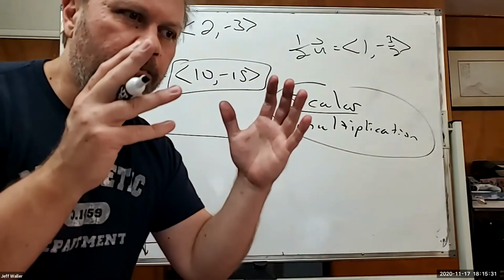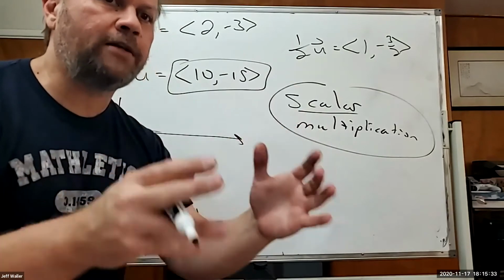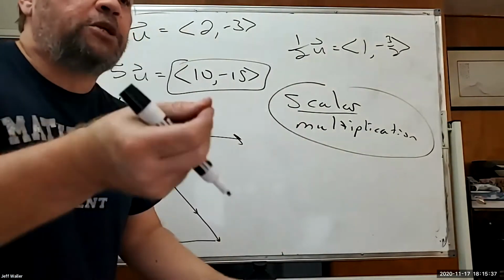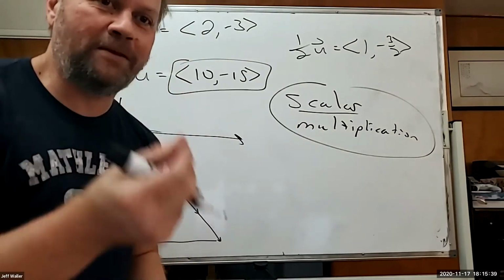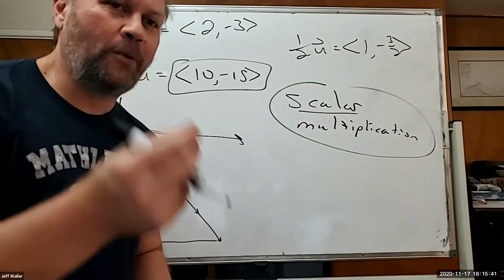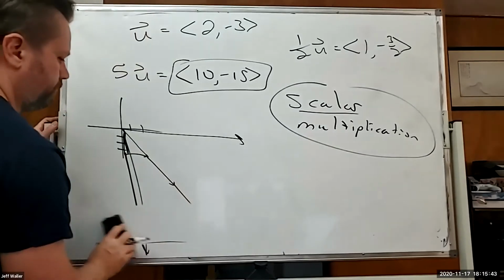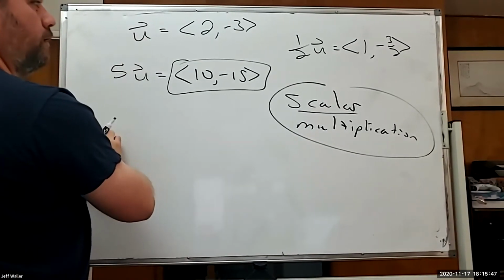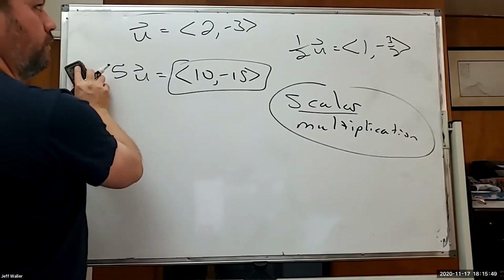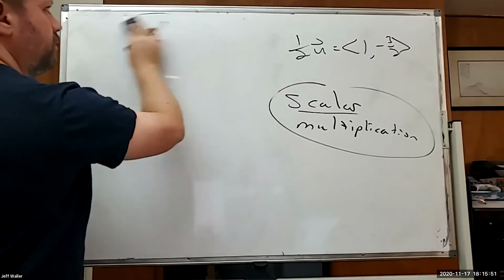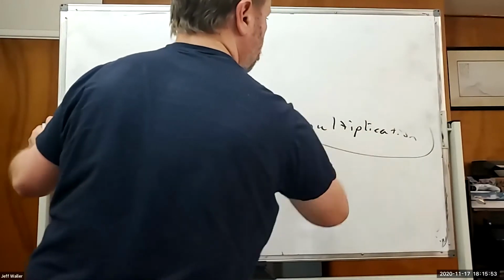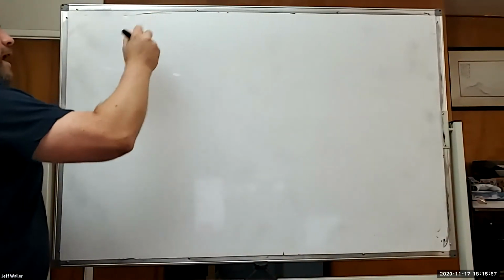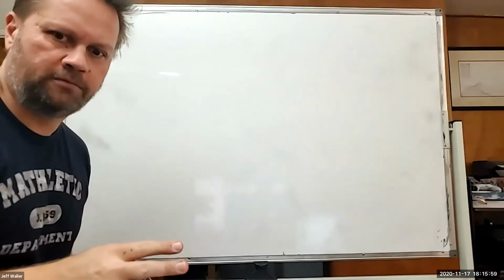How about multiplying two vectors together? This one is exciting. I think you might be able to imagine that the process of multiplying two vectors will not be simple.